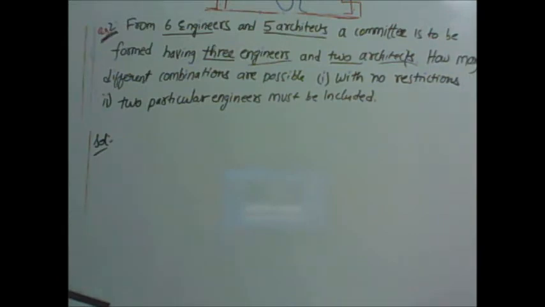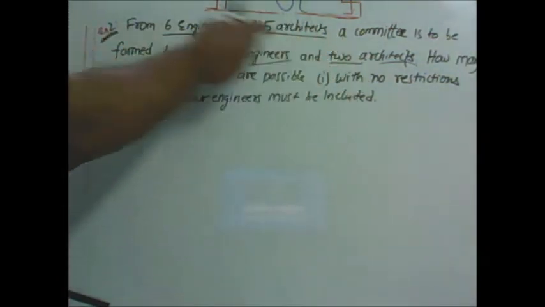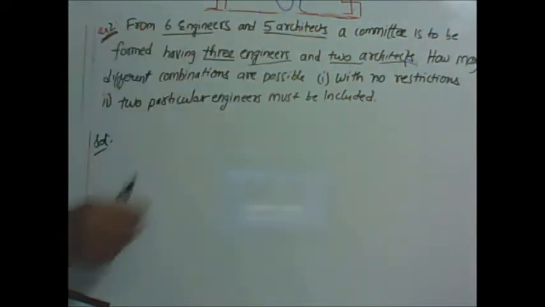So our group has a total of 5 members, 3 engineers and 2 architects. This we have to select from 6 engineers and 5 architects. So how many such combinations are possible?